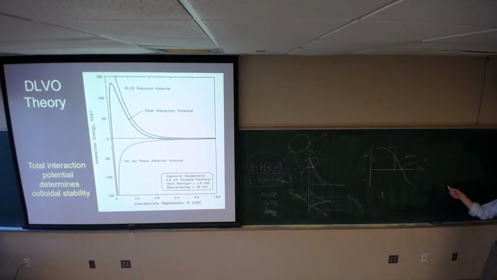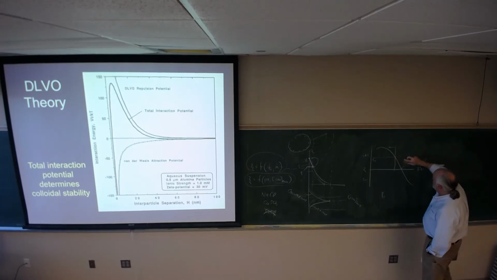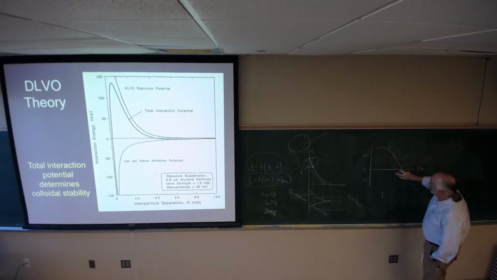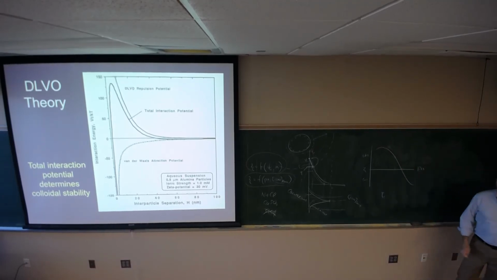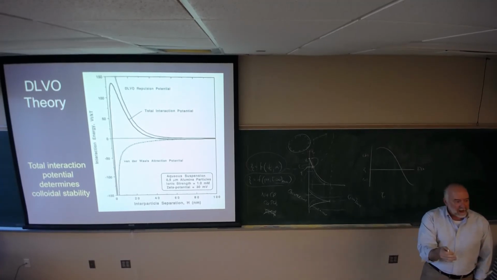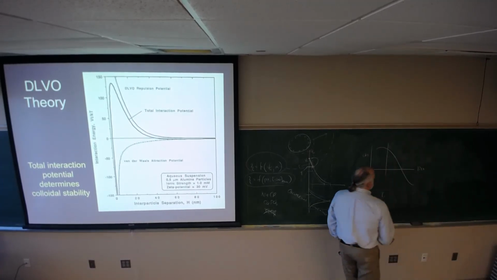So now, what happens if I increase ionic strength? What happens to the zeta potential? Let's start with a simple question. Here's my pH.